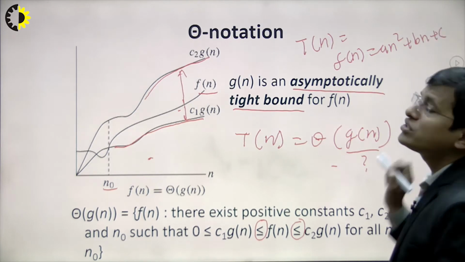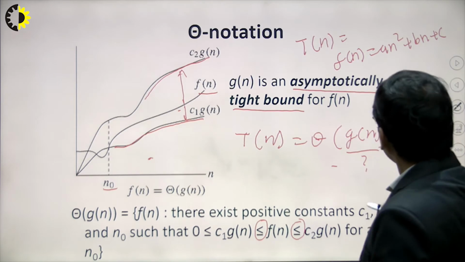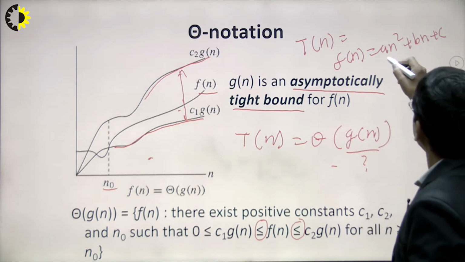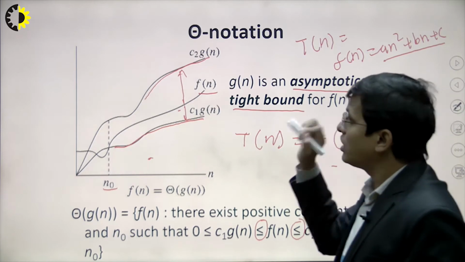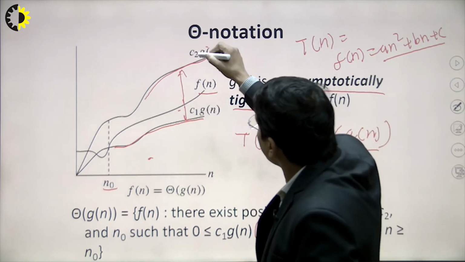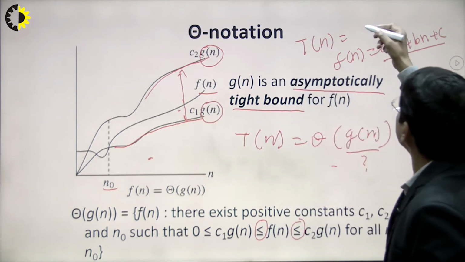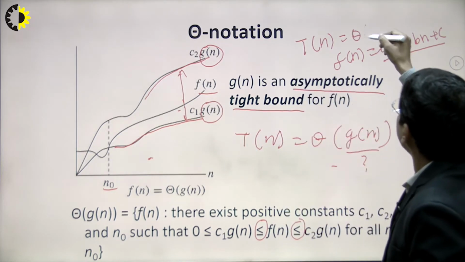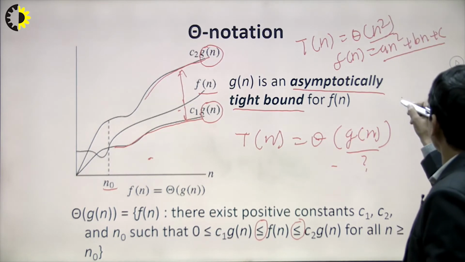This is the function computed from the algorithm, but now we are trying to find g of n. So g of n is basically n square.